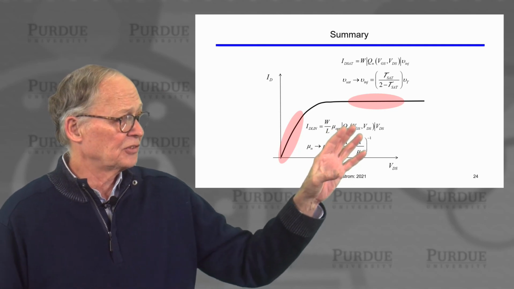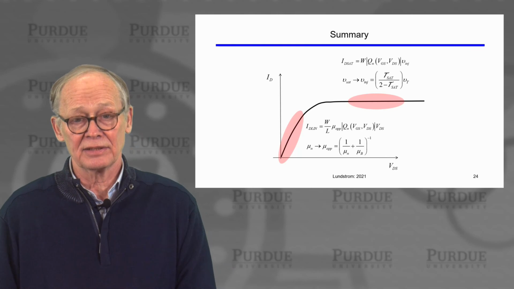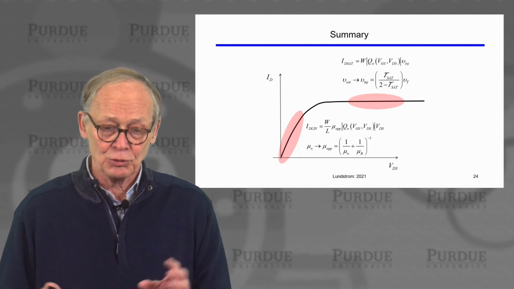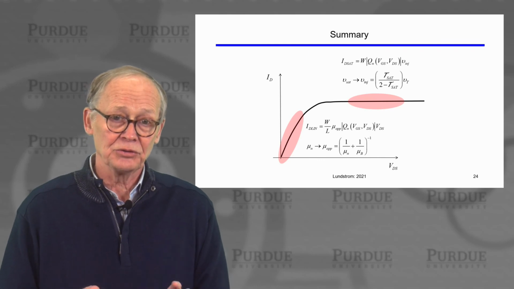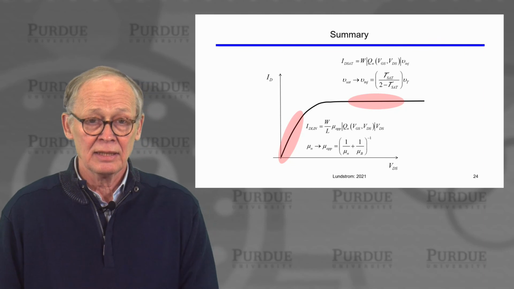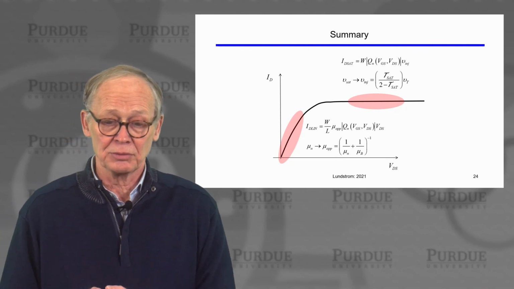And the injection velocity is related to the transmission under saturated conditions and the unidirectional thermal velocity. So, with those simple replacements of our traditional theory, we can describe very short channel MOSFETs, in fact, all the way to the ballistic limit.